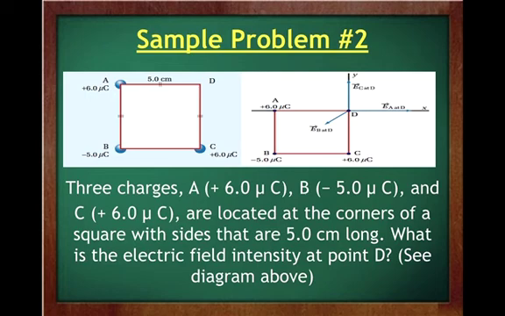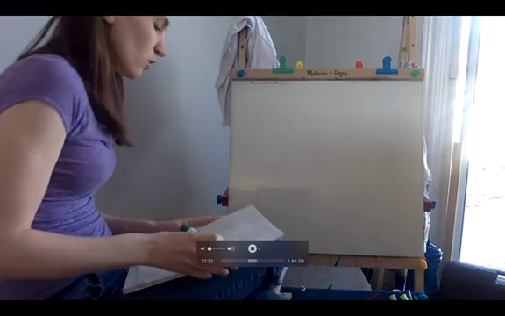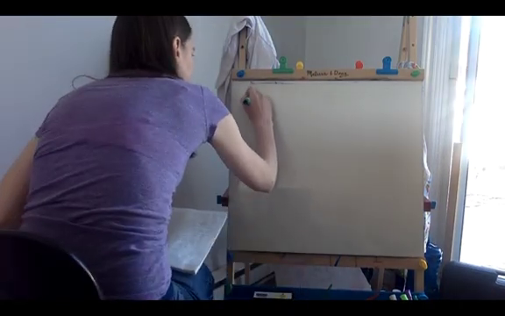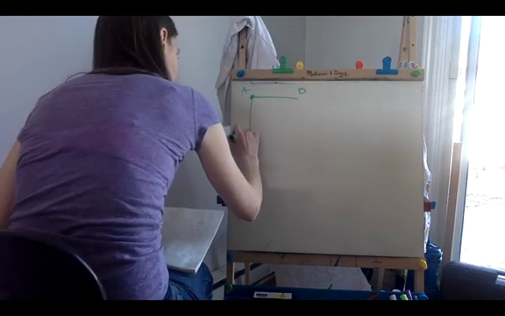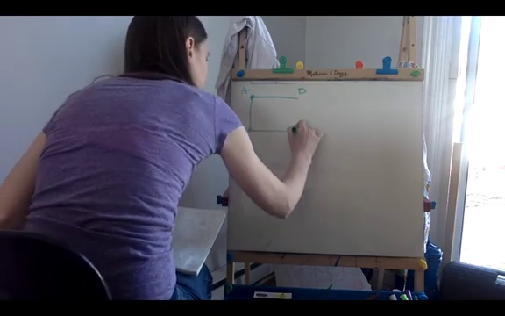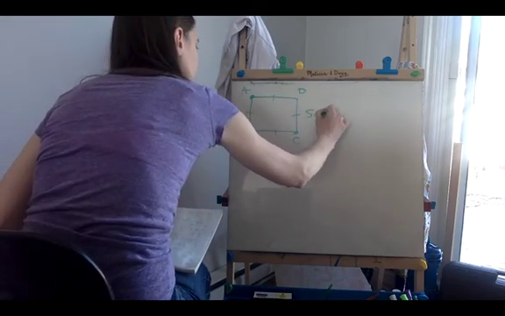The diagram that's going to be nicer than mine has already been used here to show you what's happening. But just to walk us through this a little bit more, I'm going to redraw and go from here. So you've got A, D, this is B, and C. Each of these sides is 5 centimeters.